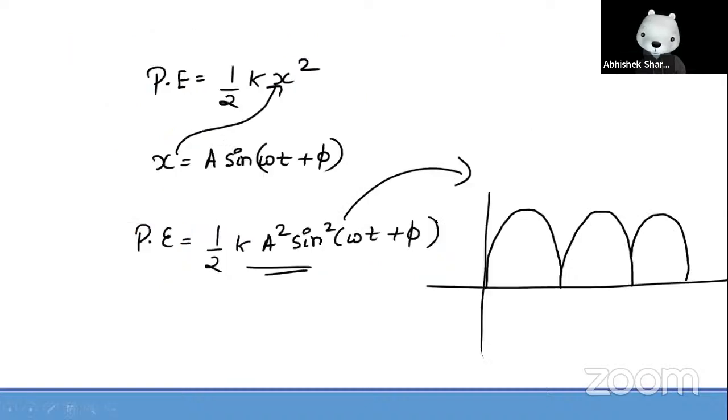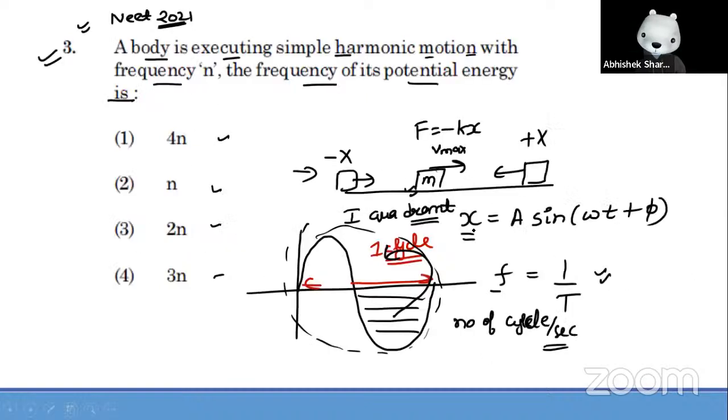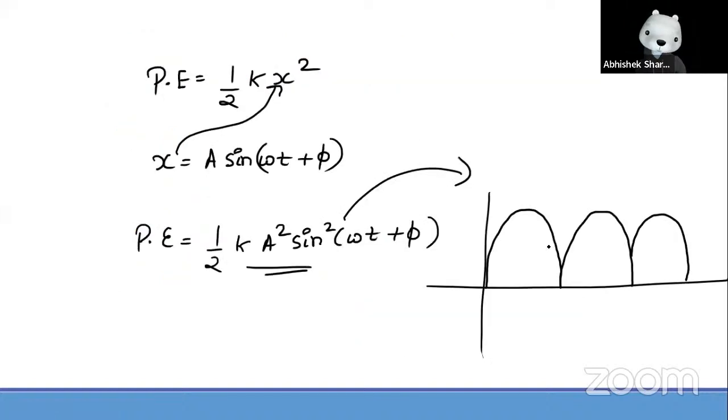So we say here that initially this was due to the time period T. Suppose the time taken is capital T. Now, if this downward portion is turned up, I will say now the time period is reduced by T by 2.